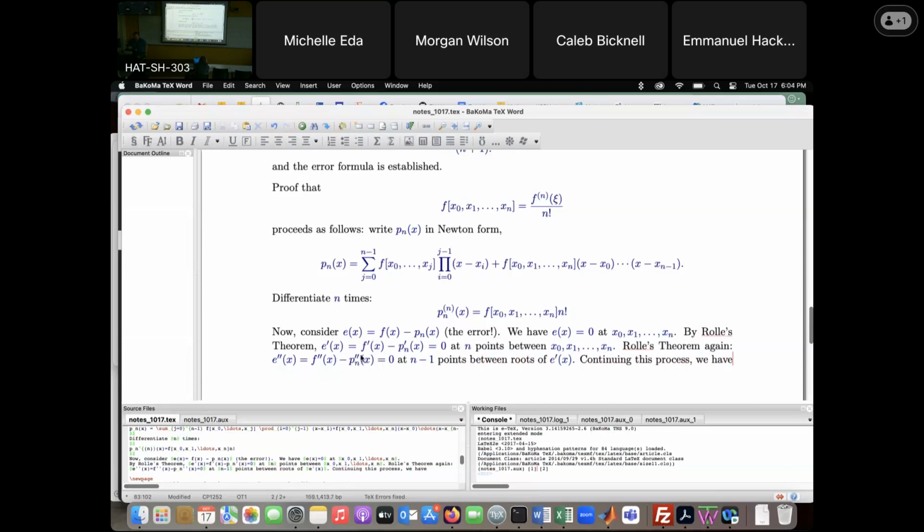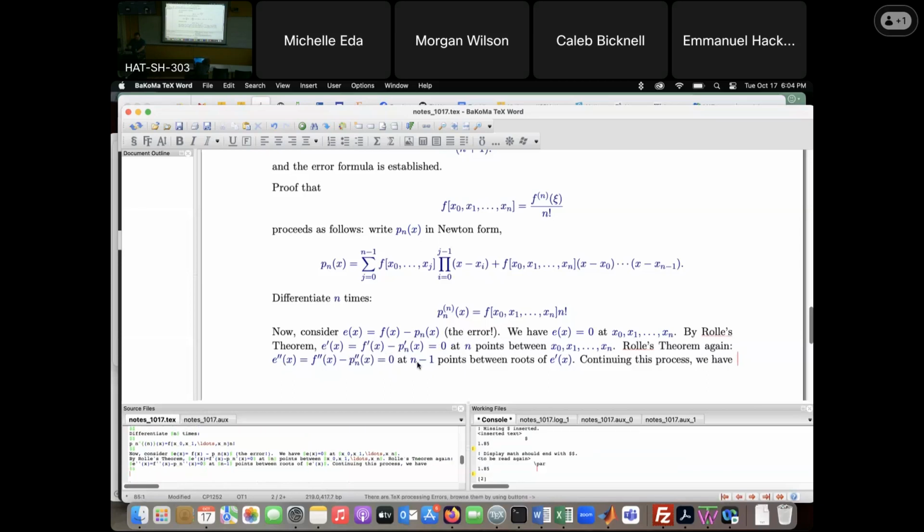So if we consider the order of derivative and the number of zeros, when there's no differentiation, there's n plus 1 zeros. If there's one derivative, we have n zeros. If there's two derivatives, there's n minus 1 zeros. The point is, the order of derivative plus the number of zeros always equals n plus 1.